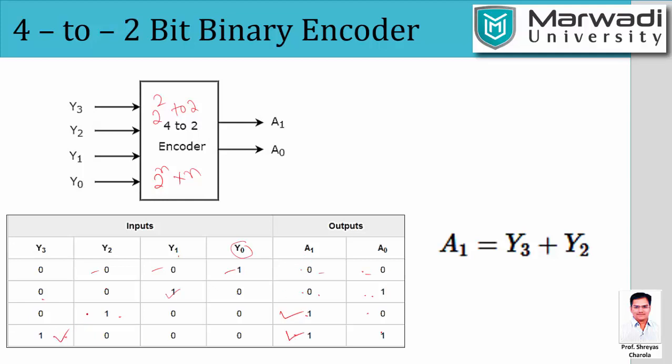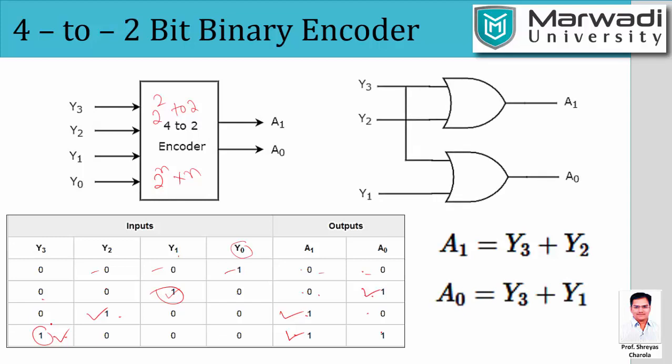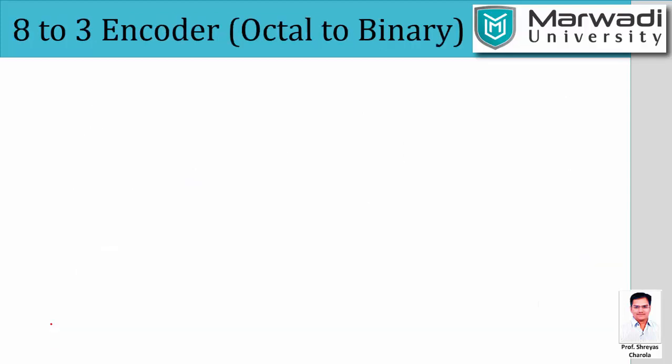This is y3 and this is y2. Same as A1, A0 will be equal to y3 plus y1. Based upon this, you can make a logic circuit.